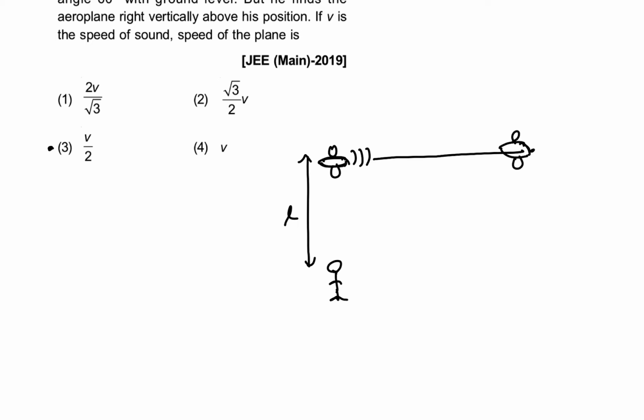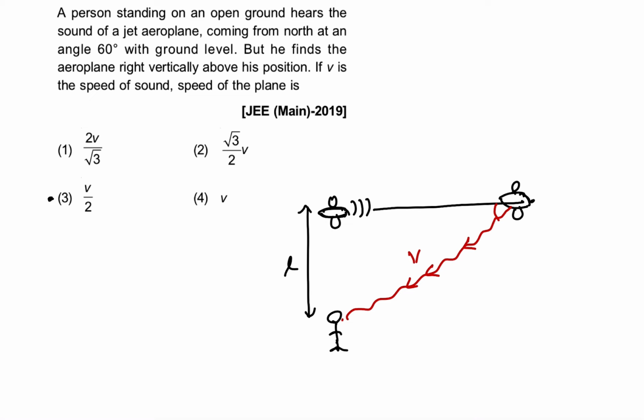Let us consider that this height is equal to L. Now he hears the sound. How is the sound wave coming? From the plane, sound waves are coming like this. This is the velocity of sound, given as V. He observed that this sound is making an angle of 60 degrees with the ground.